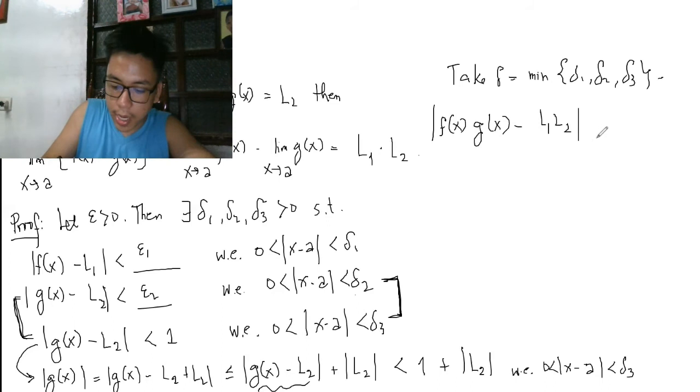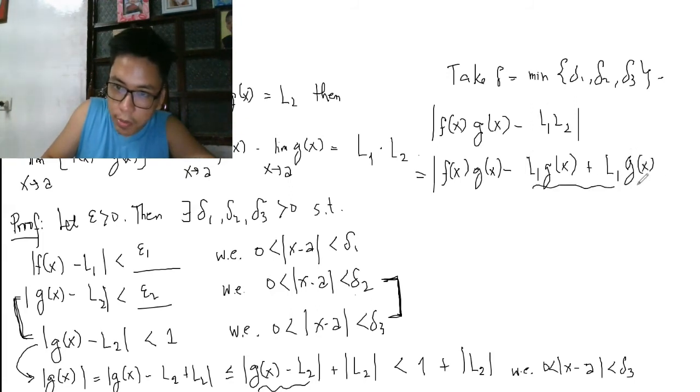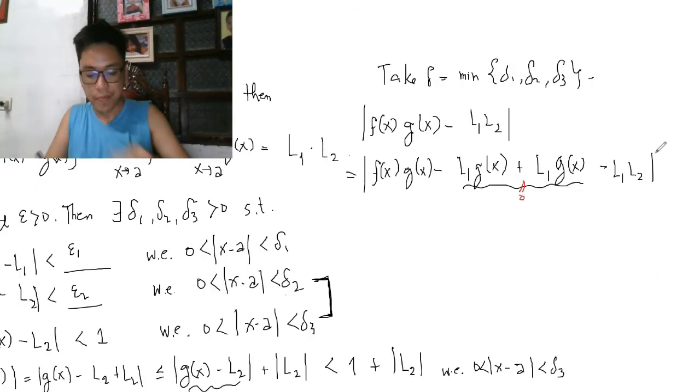Basically, I can write this as f of x g of x minus L1 g of x plus L1 g of x. So basically, I'm adding 0 here, so this is just equal to 0. And minus L1 L2.